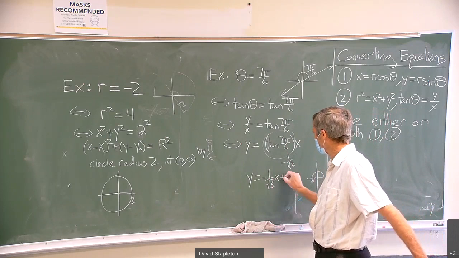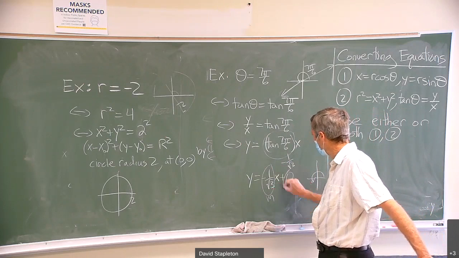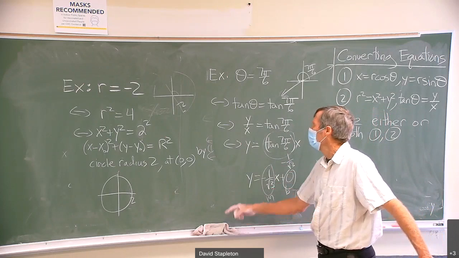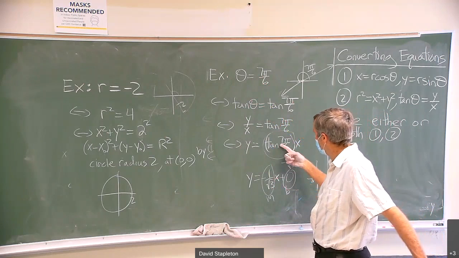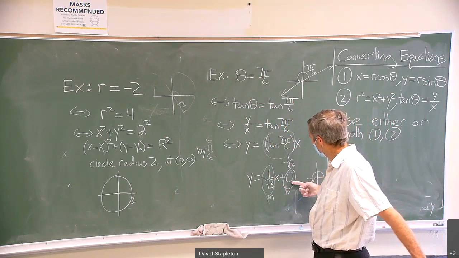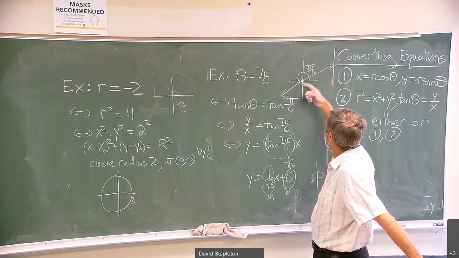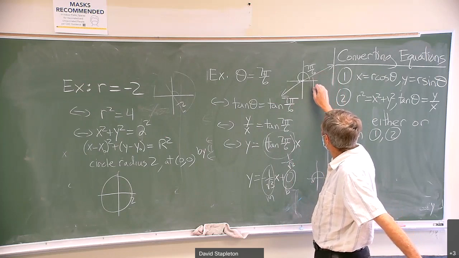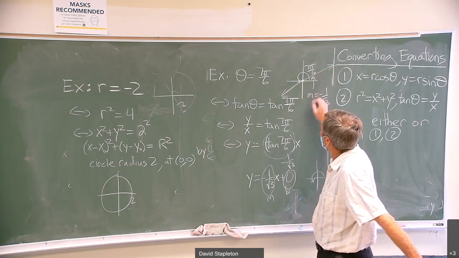It's y equals mx plus b. It's a line of slope minus 1 over square root 3 and y-intercept 0. Any equation theta equals a number is always a line of slope tangent of that angle through the origin. So that's just what we thought here, exactly. Just we didn't know the slope. Now we know the slope, m, is minus 1 over square root 3 because of the equation.